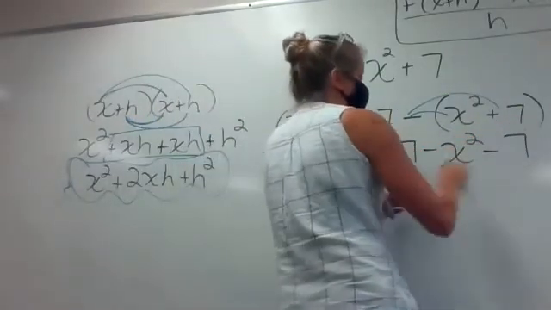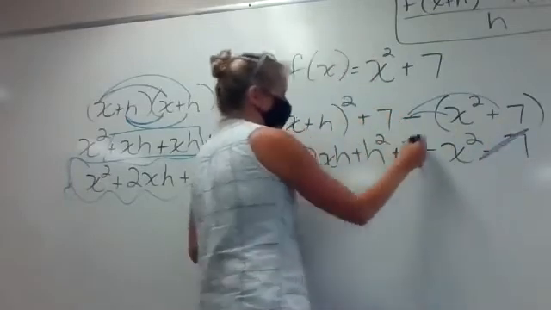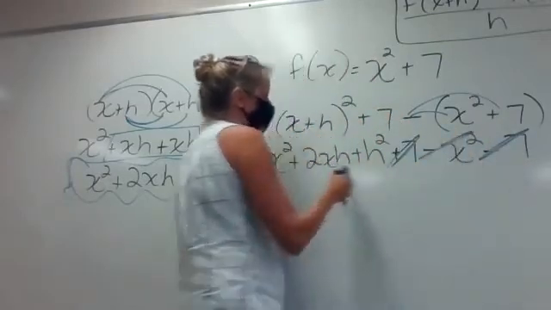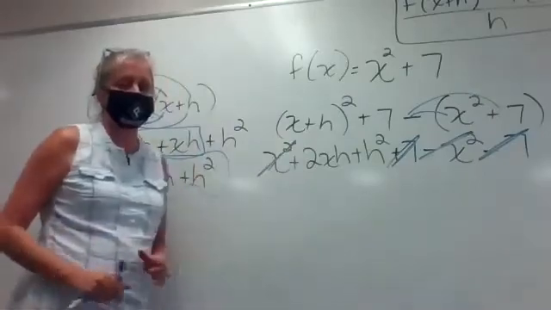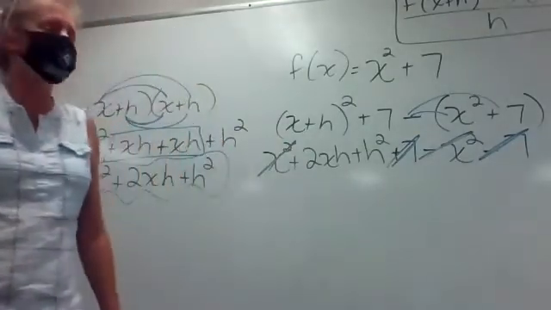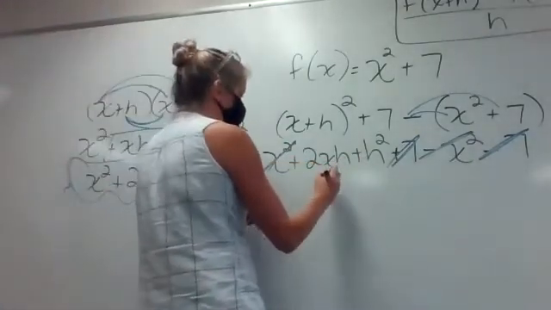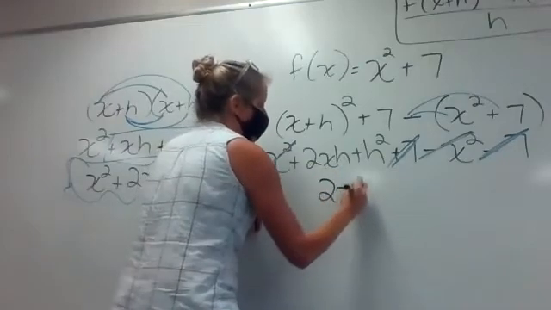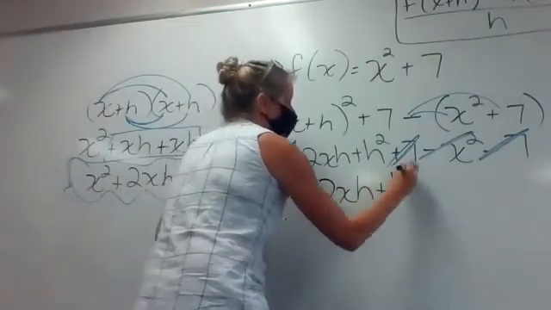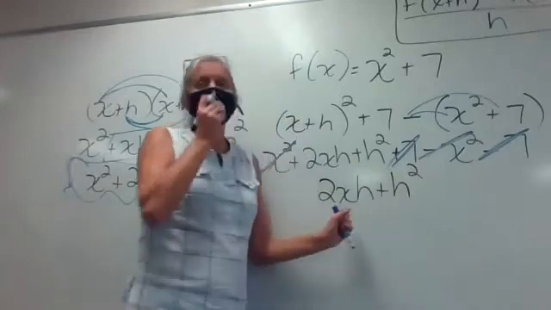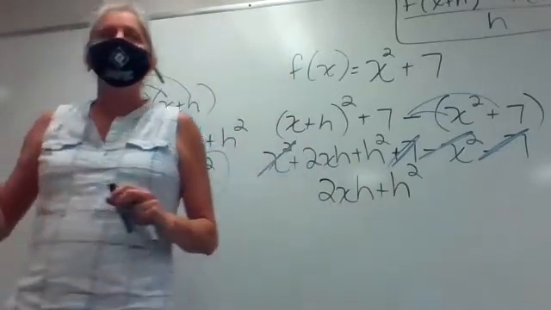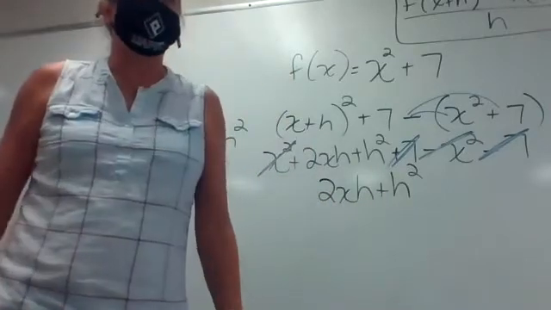So this minus 7, there should be a plus 7. The minus x squared will cancel out the plus x squared. So look what you do. This time you have 2 terms left. 2xh plus h squared. The only terms that you're going to have left are going to be the ones that have h's in them.